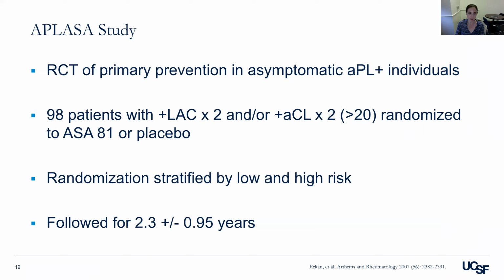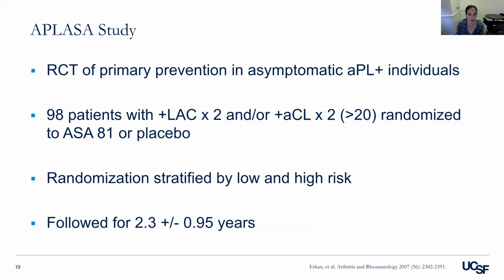And in this study, just under 100 patients who were positive for the lupus anticoagulant or for anticardiolipin over 20, so they didn't have to have high titers of anticardiolipin, were randomized to low-dose aspirin or placebo, and they were stratified by low and high risk. So this took into account other risk factors for thrombosis, the presence or absence of lupus, et cetera.